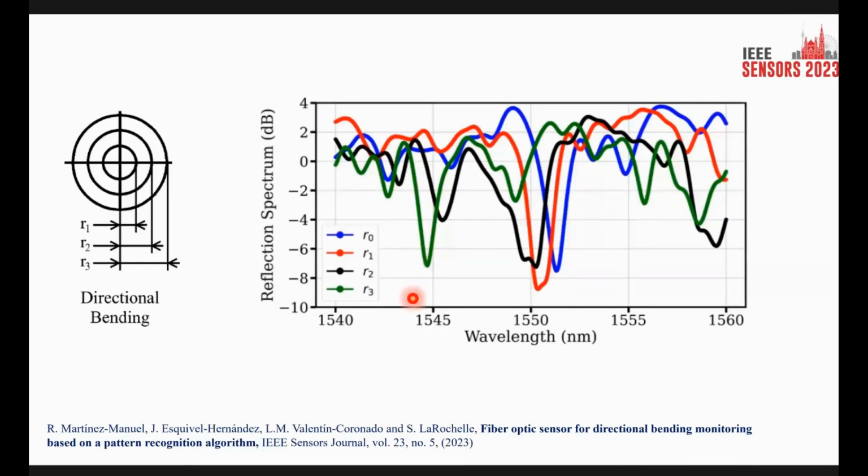Here, it's not very clear that we can track a minimum or a maximum. But what we do have is a very specific signature for each position. And that's what we identified, that for any direction and amplitude of bending, we will have a very specific pattern. And that's why we are using this pattern recognition algorithm.